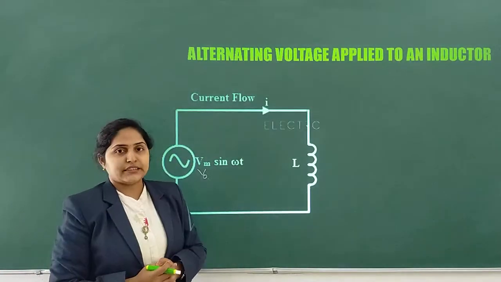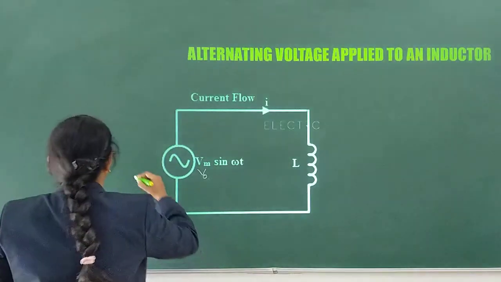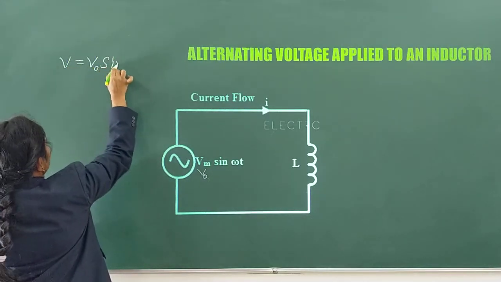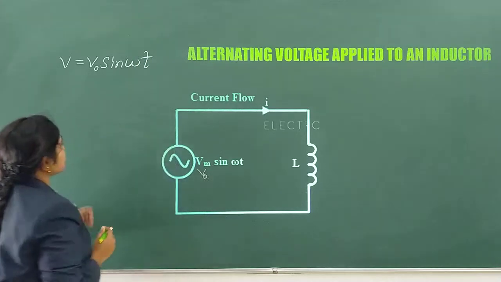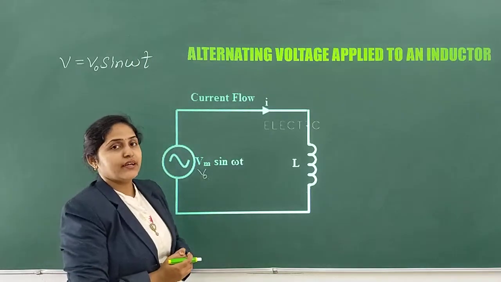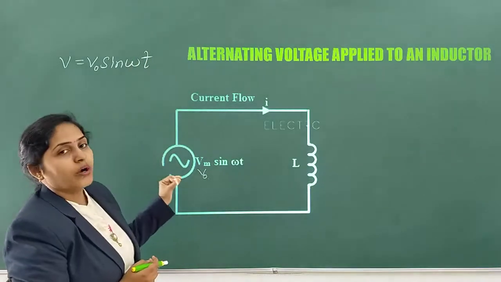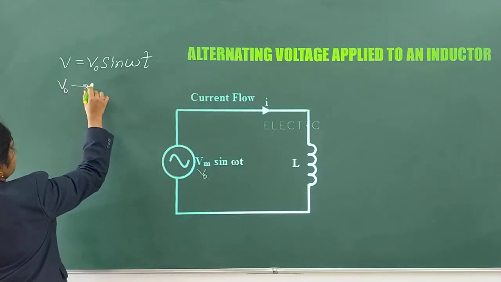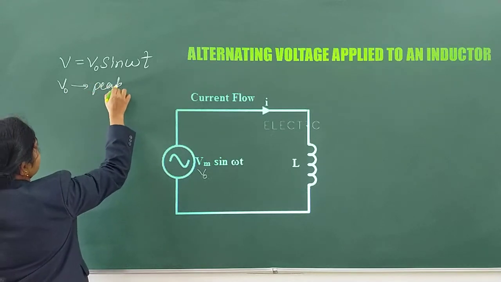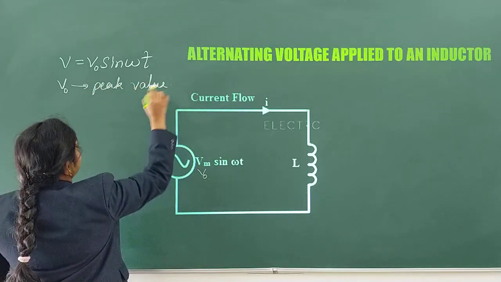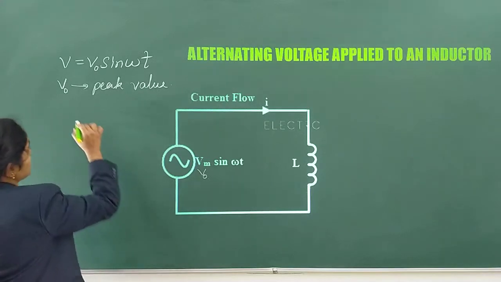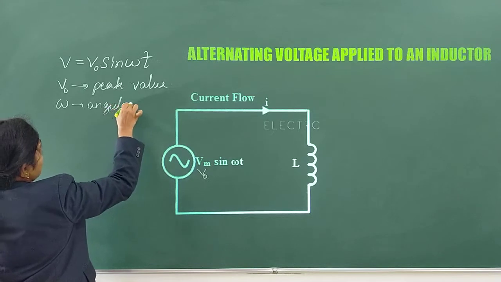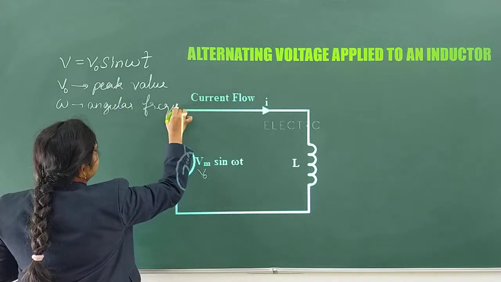If this is connected, let us consider V equals V0 sin omega t as the input alternating voltage, where V0 is the peak value or amplitude of the voltage, and omega is the angular frequency.